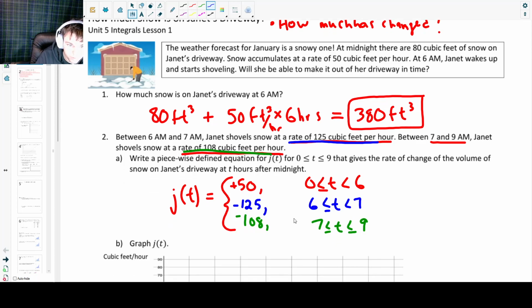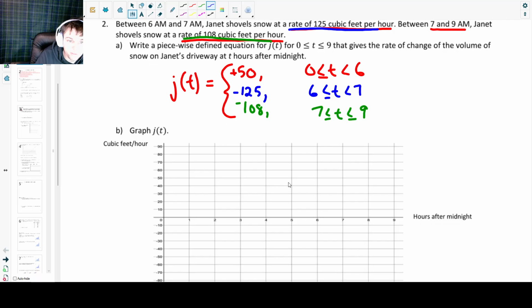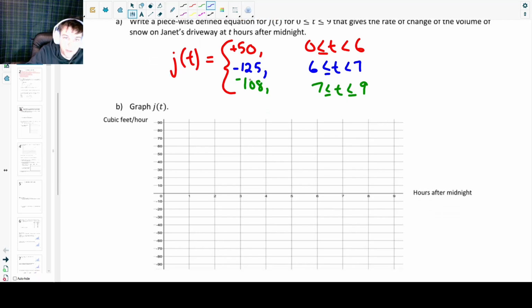Cool. So let's go ahead and graph this function. This is a piecewise defined function, obviously, and each of these are constants. So we know between 0 and 6, it was increasing at a rate of 50. So we're up here at 50.